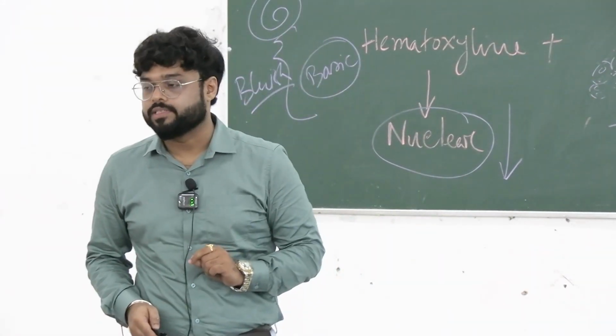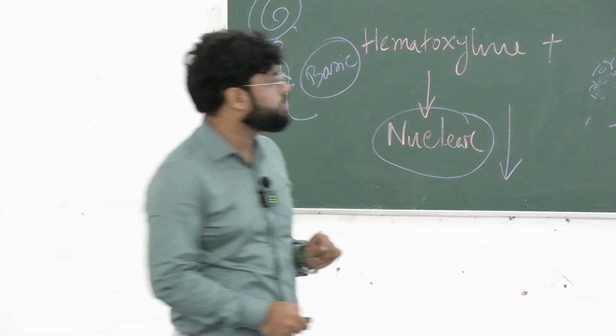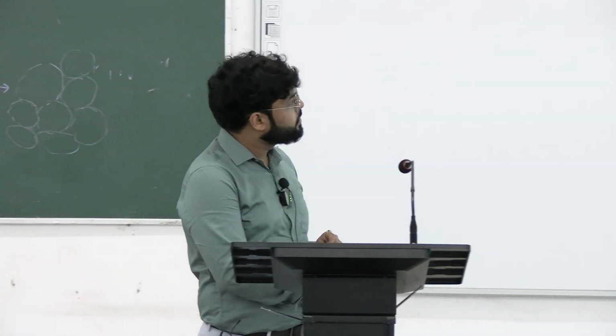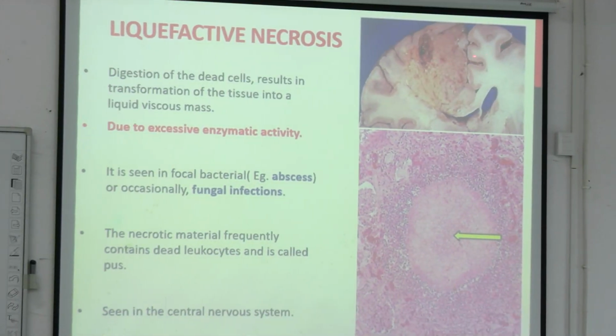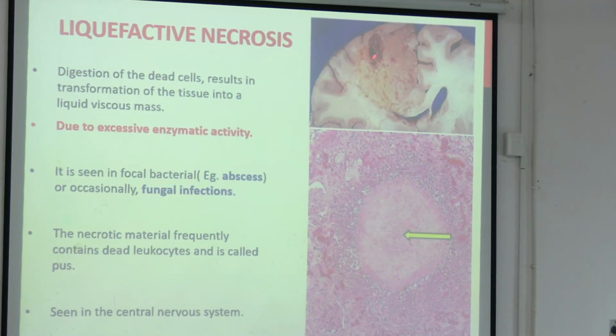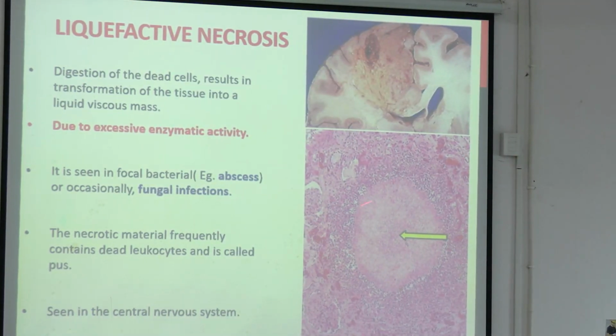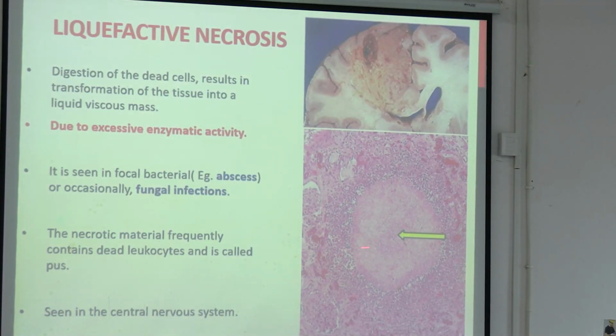It is mainly seen in the brain, central nervous system. See, this is an infarction in the cerebral cortex, and there is liquefactive necrosis. This area underwent liquefactive necrosis and it forms pus within the center.